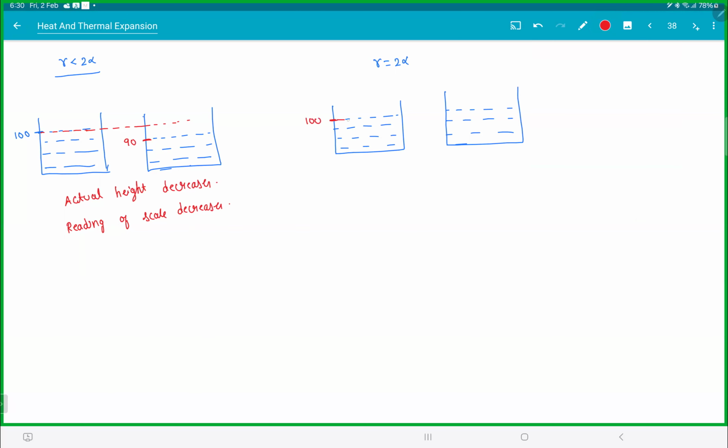Initially it was 100, the level will be exactly the same, but the container will show this as 95. The actual height is the same, but because the scale got expanded, the container thinks it is less than 100.